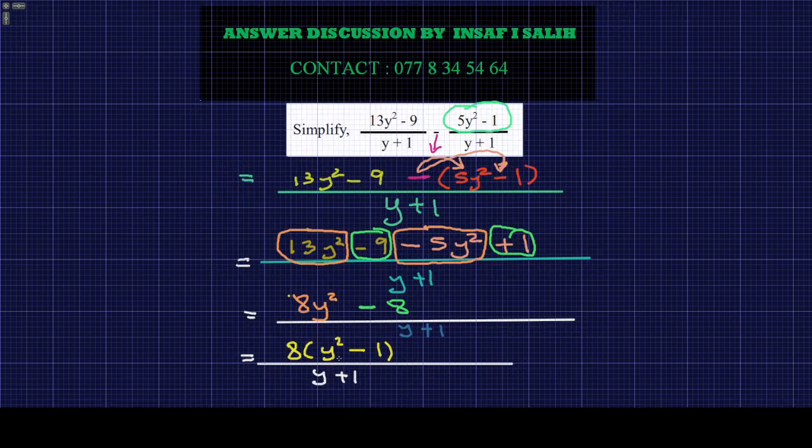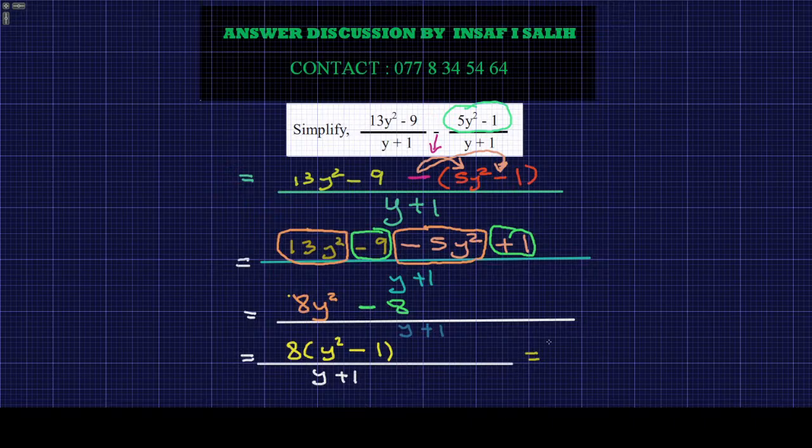Can we factorize this denominator any further? I see that we can. Why? Inside the brackets, I see a difference of 2 squares. Now you may say there is y squared, but the second term is not a square.